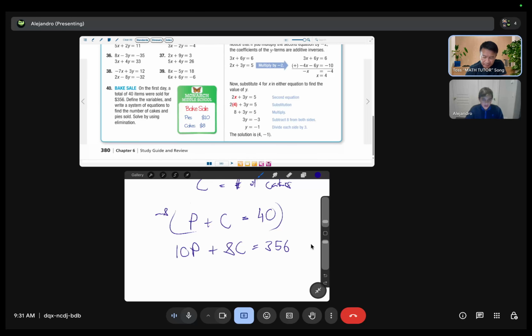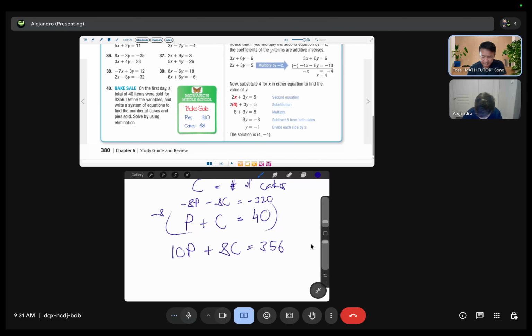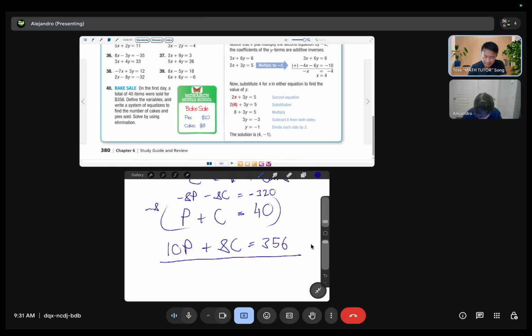So let's do it. It's negative 8p minus 8c equals negative 320. All right. Let's add them straight down, and I'll put a bar here. I think that's what everyone does.